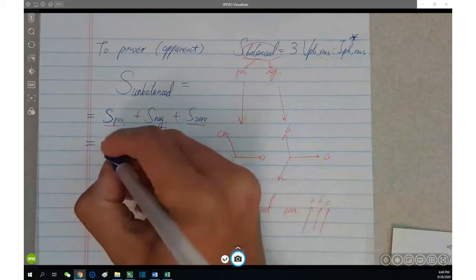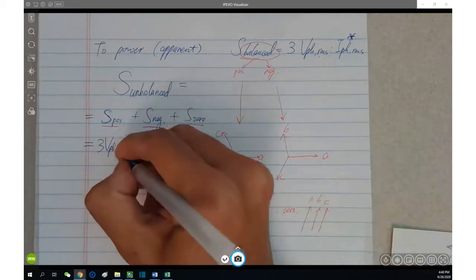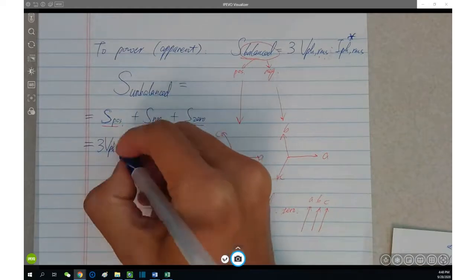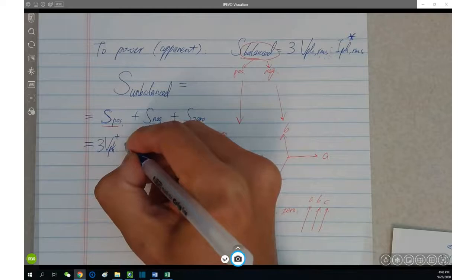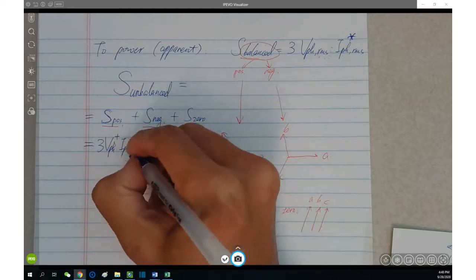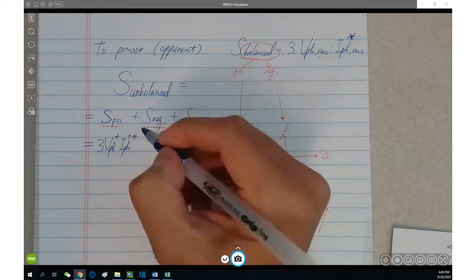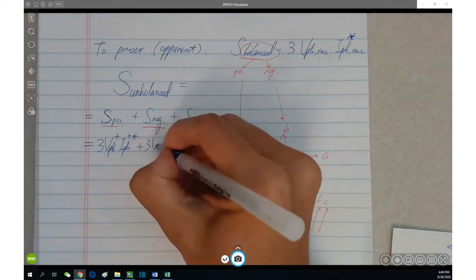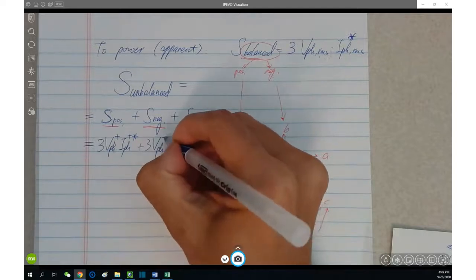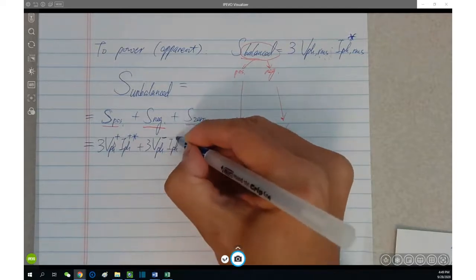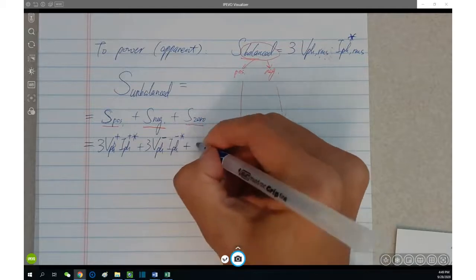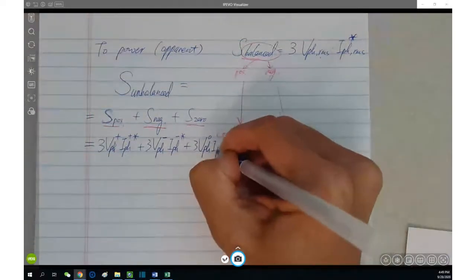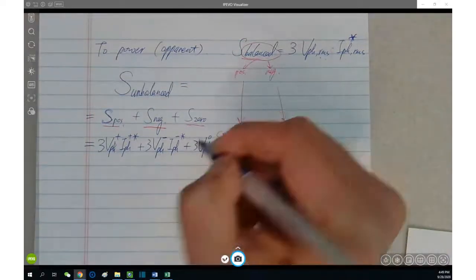So three-phase positive sequence voltage, positive sequence current conjugate, right? Does that make sense? Plus three-phase negative sequence voltage, negative sequence current conjugate, plus three-phase zero sequence voltage, zero sequence current conjugate. Right?